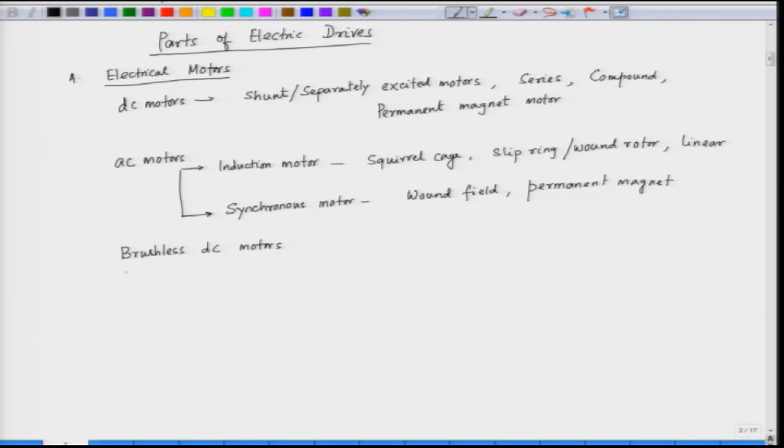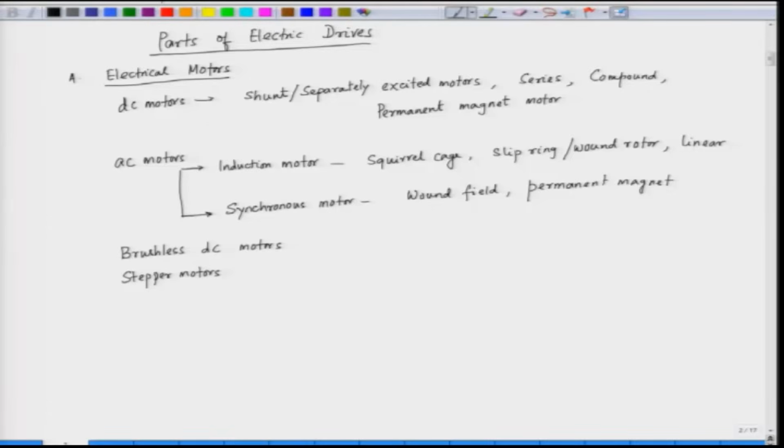And then we have stepper motors, which are used for robotics and control applications, which do not require any closed loop feedback. And then we have a type of motor called a switched reluctance motor.